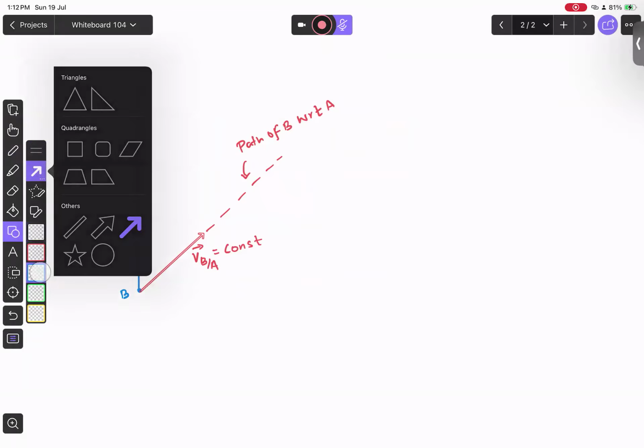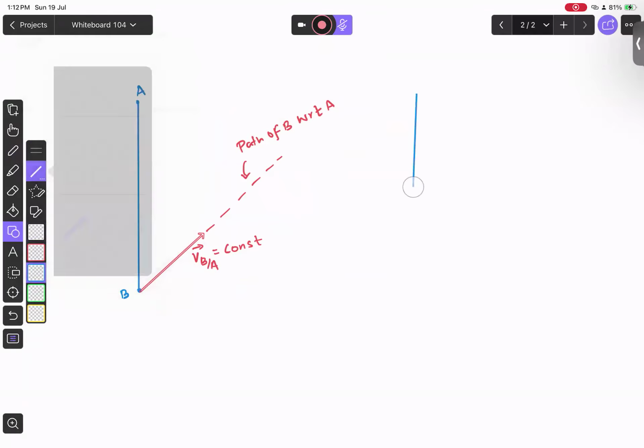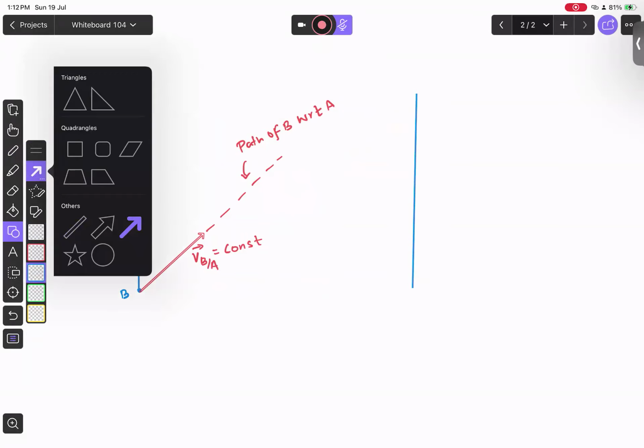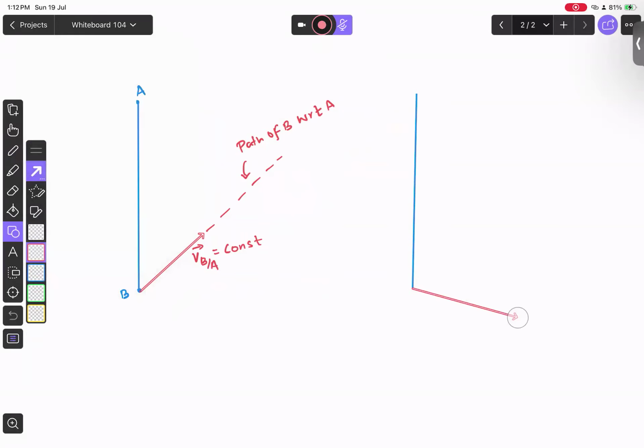There can be one more situation, maybe like this. In this situation, we have the velocity of B with respect to A directed like this. So when I sit in the frame of A, what do we think?